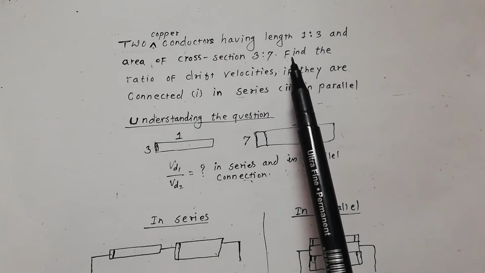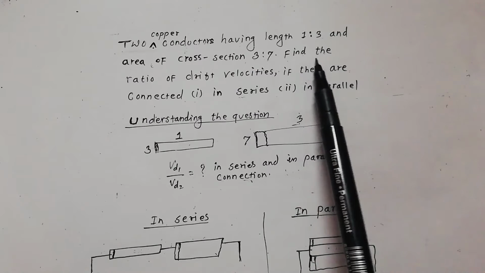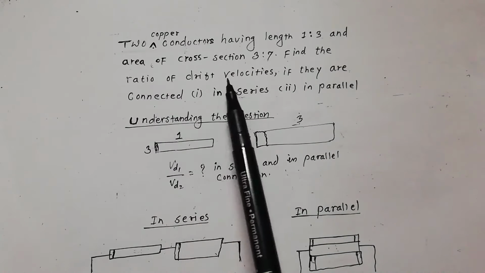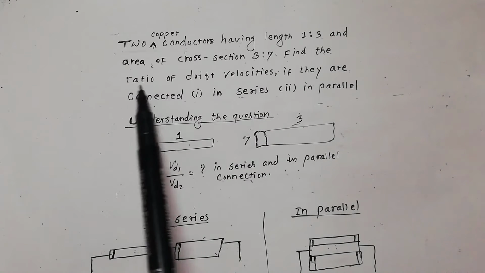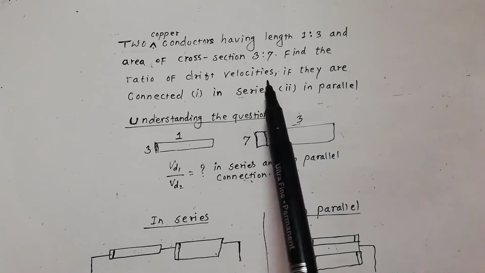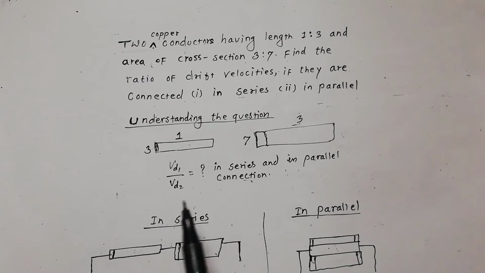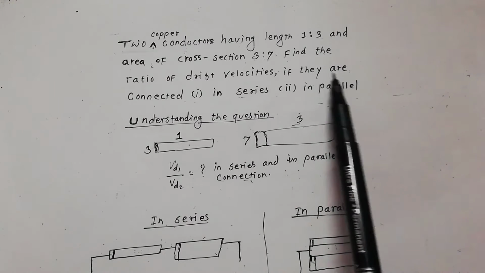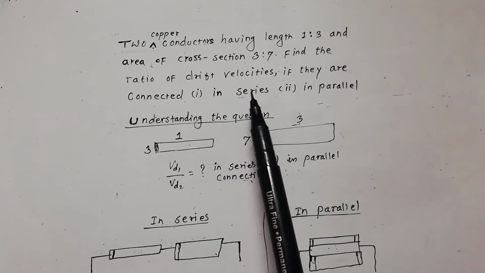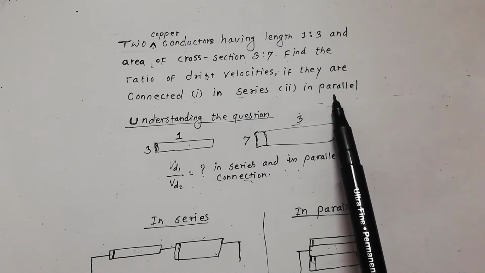So finally we have to find the ratio of drift velocity. Ratio of drift velocity, right? That means this is the ratio. We have to find the ratio of drift velocities in two different cases. First in series, second in parallel.